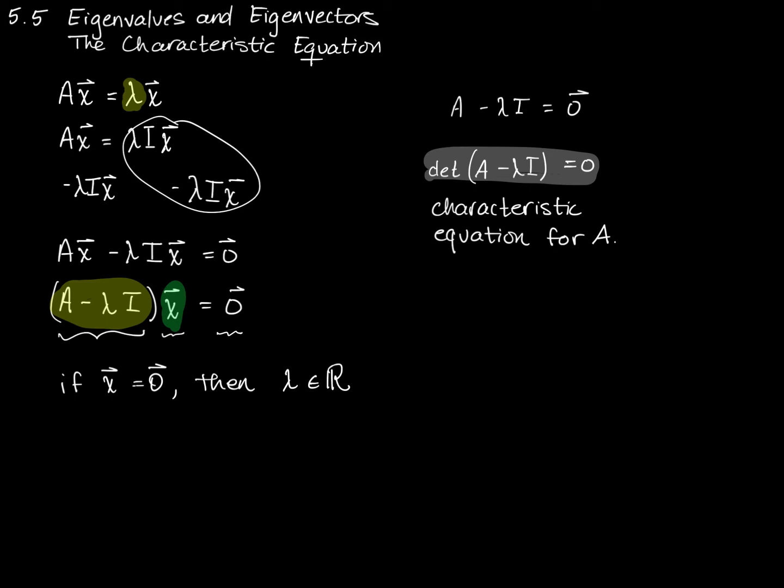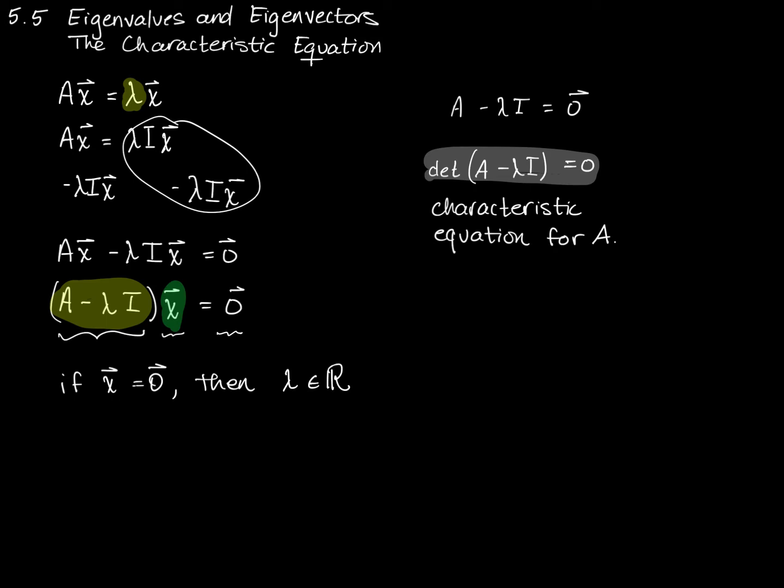It'll still have a lambda, though we don't know what lambda will be in that case. It'll still have the same dimension identity matrix because A and B are the same dimensions. But A and B are different matrices.